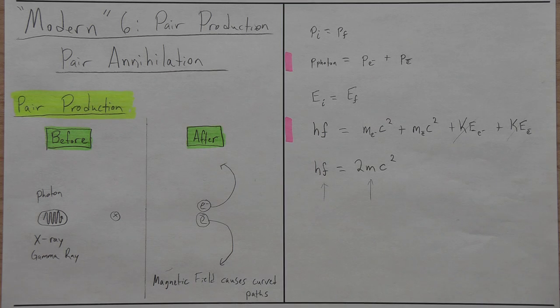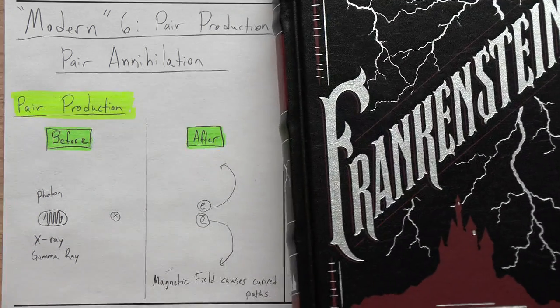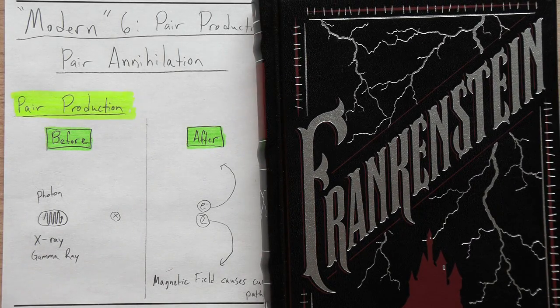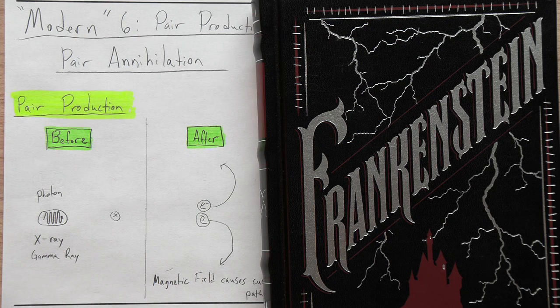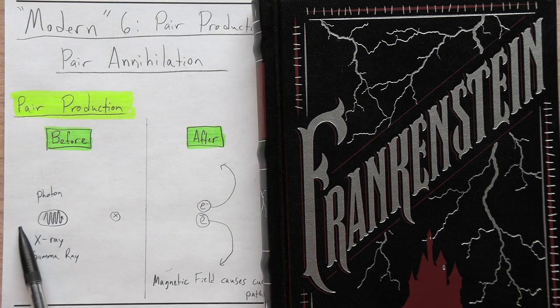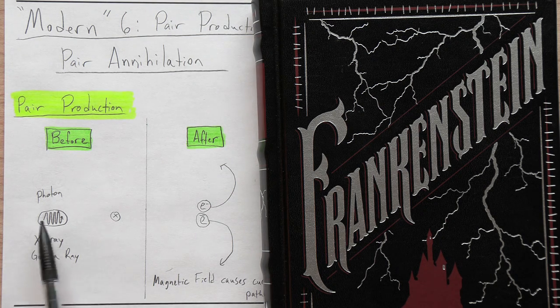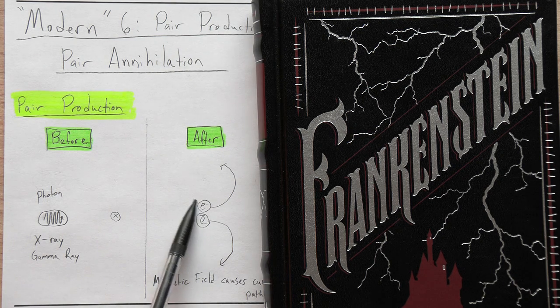So back to our book here, as I mentioned, Frankenstein. Now imagine if I were to write a book that's similar to this. I could have a photon, electromagnetic energy, coming in instead of my lightning bolt, and then I create an electron and a positron, and I spiral them away from each other with a magnetic field. I use other photons, I build protons, neutrons, and eventually I build atoms over here.